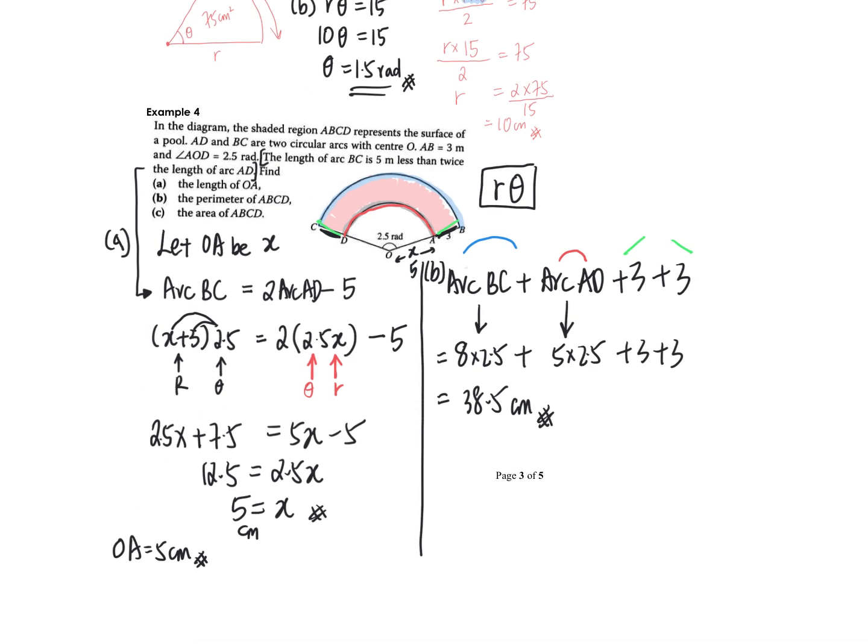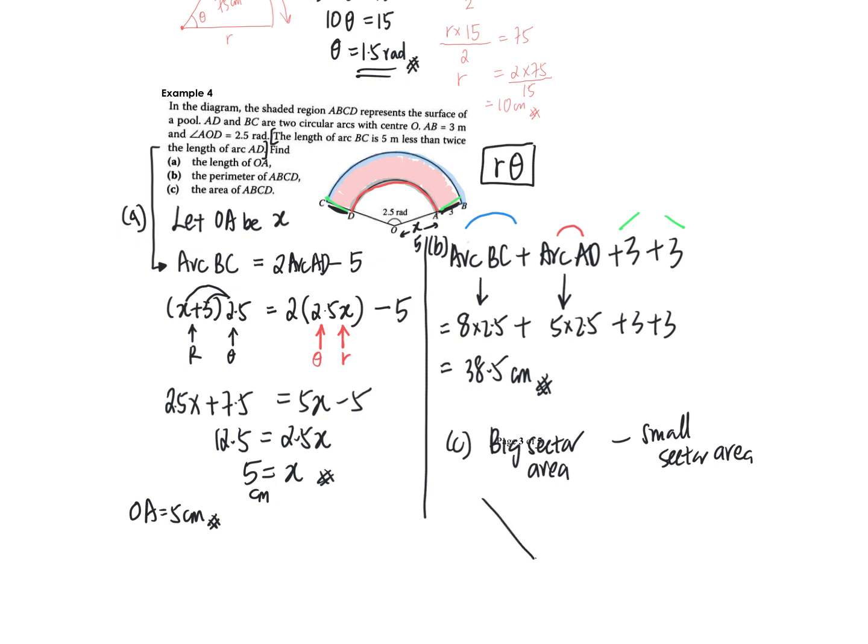Okay, last one, I want area of that. So area of the fan shape, the pool, is big sector area minus the small one. So the big one is this whole big slice minus the small one below. The big one is 8 for the radius.